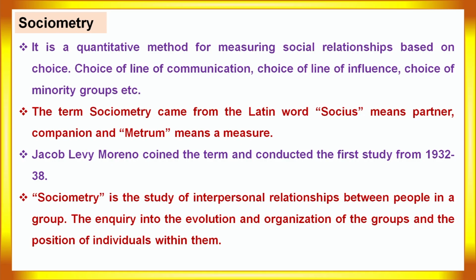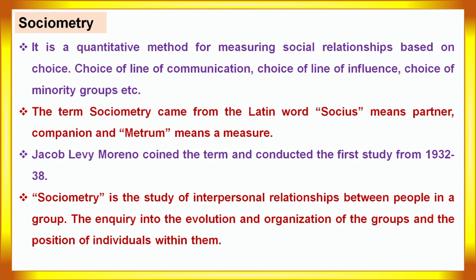This term itself was coined by Jacob Levi Moreno, a social scientist, who also took up the first study using the sociometric technique from 1932 to 1938 in the New York state of USA.